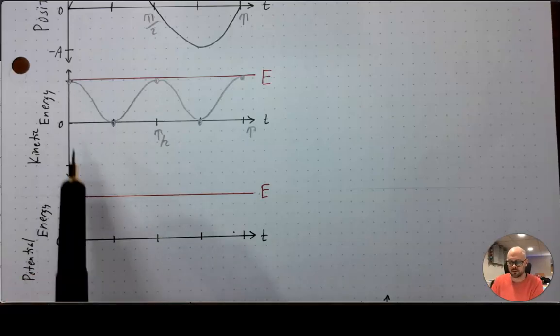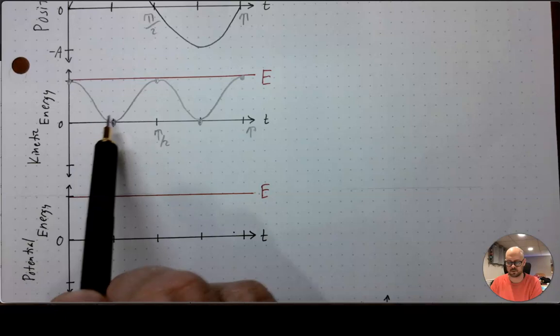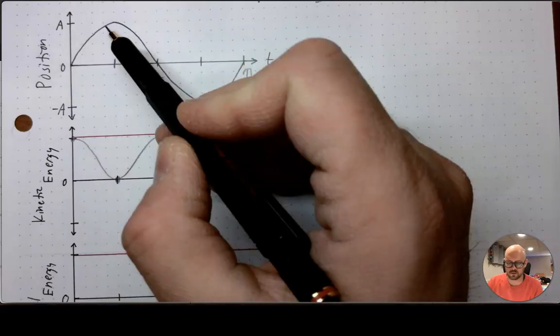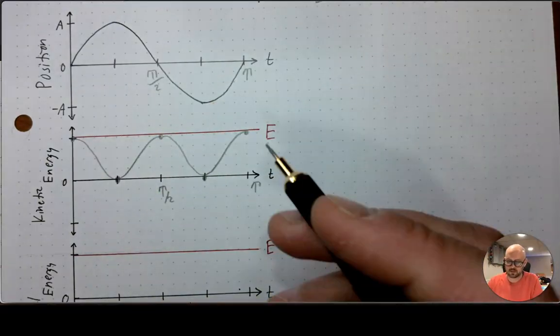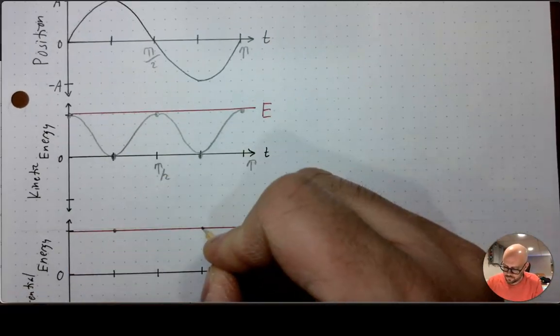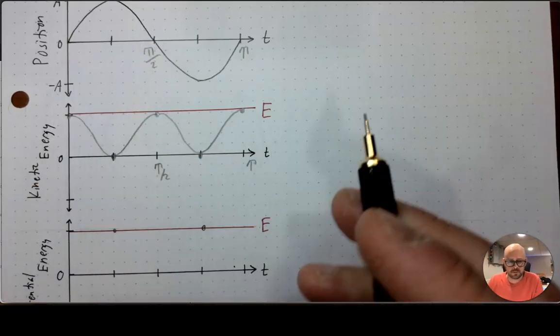Okay, now I could draw this potential energy graph just as the flip or the inverse of the kinetic energy graph, but I'm going to go back to the position graph. When the position is at the amplitude, that is when we have the highest values of potential energy. So I'm going to plot those points right now. And then when the object is at equilibrium, that's a displacement of 0.